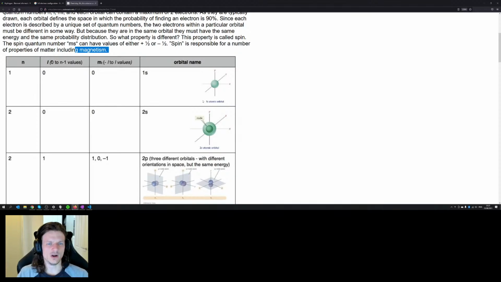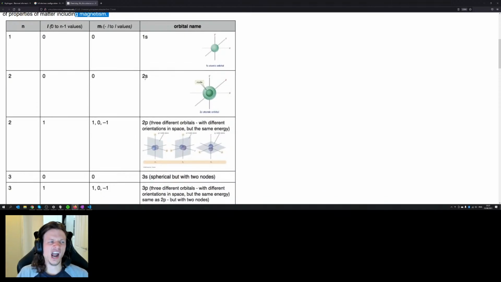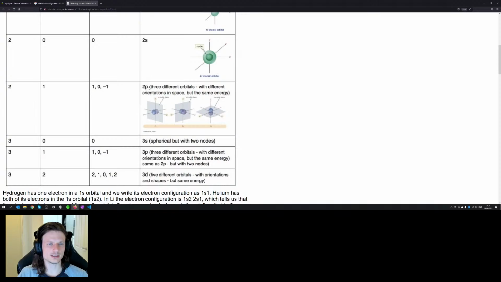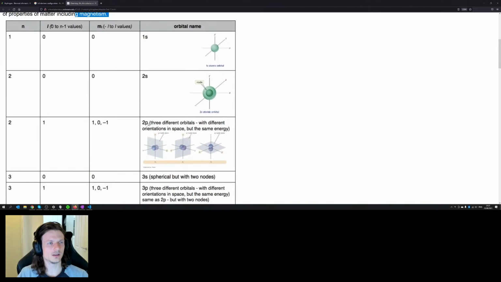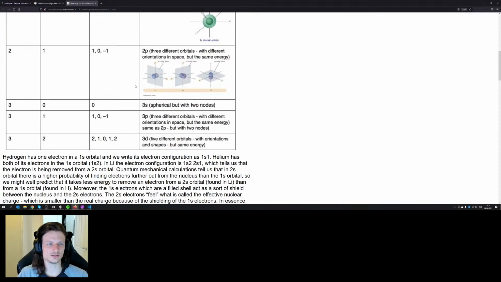And the orbital name: 1s atomic orbital, 2s, 2p, 3 different orbitals with different orientations in space but the same energy. Okay. So I wonder what p stands for. Maybe it's poly, many, s single or stable or something like that.